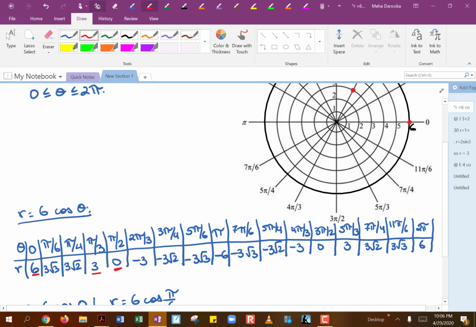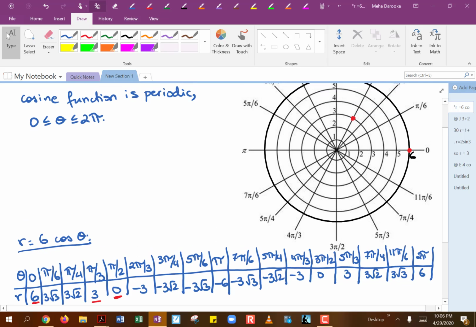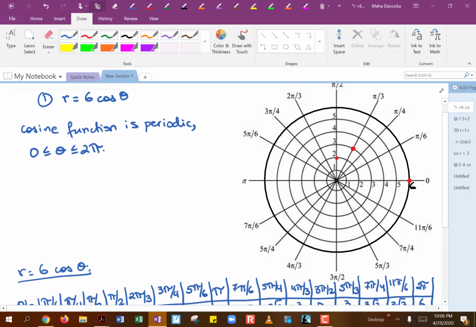Instead of going for those 3 square root of 3 and 3 square root of 2 kind of numbers. So at pi halves, we have 0. Let's see, at 2 pi over 3, we are at negative 3. So that would be, let's see, 2 pi over 3 and negative 3.